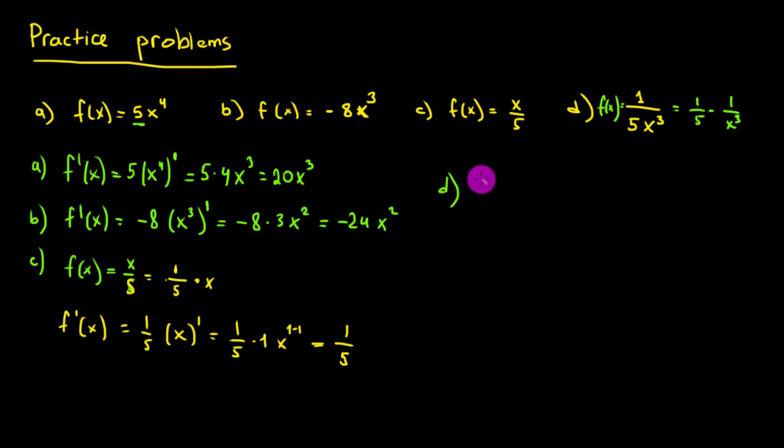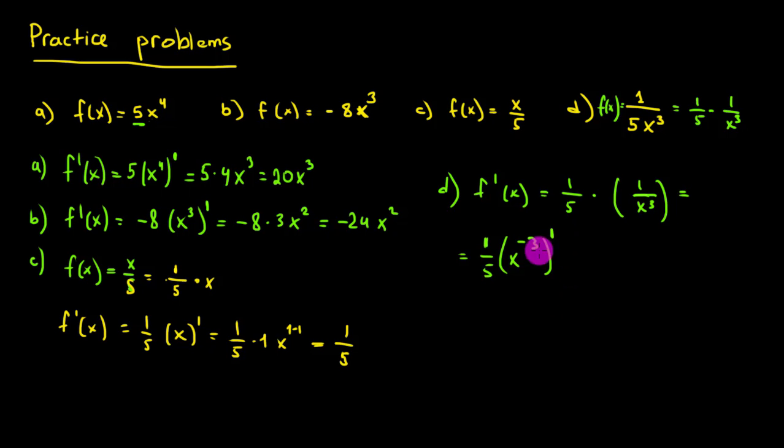To find the derivative of this function, first of all, you don't touch k, you find the derivative of 1 over x cubed. Since it's in the denominator, if you move it to the numerator, it will be x to the power of minus 3.